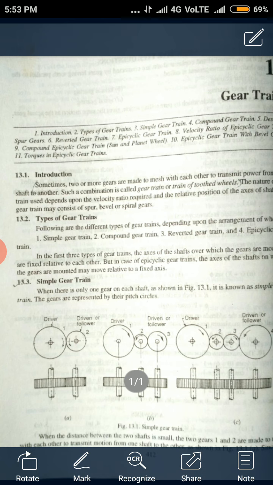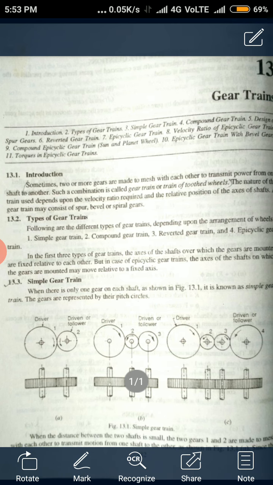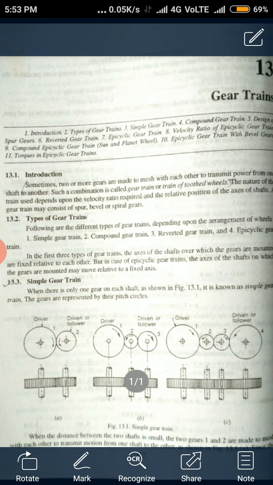First one, A, we have two shafts, and on those two shafts two gears are mounted. One is a driver and the second one is a follower. The driver rotates in the clockwise direction and the follower rotates in the anti-clockwise direction. Go for the second example. What you can observe here, we have three shafts and three gears.